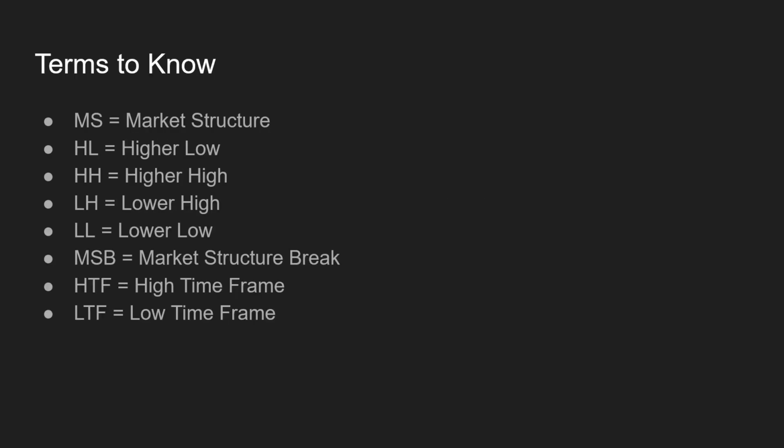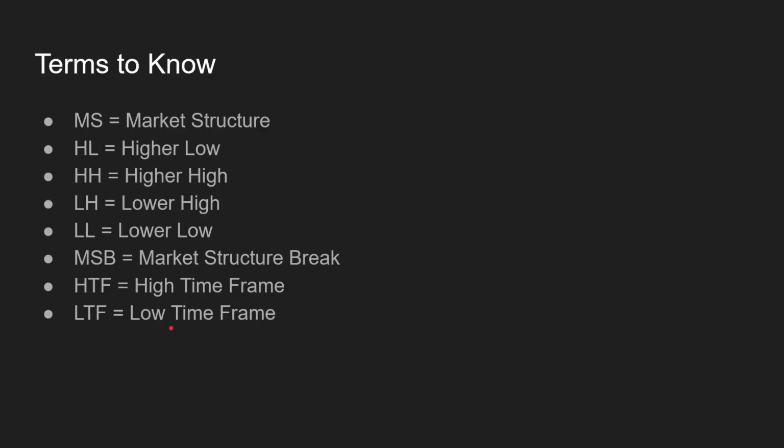So here are some terms to know before we dive into the material. Very frequently, we'll use shorthand abbreviations such as MS for market structure, HL, higher low, HH, higher high, LH, lower high, LL, lower low, MSB for market structure break, HTF, a higher time frame, and LTF, a lower time frame.